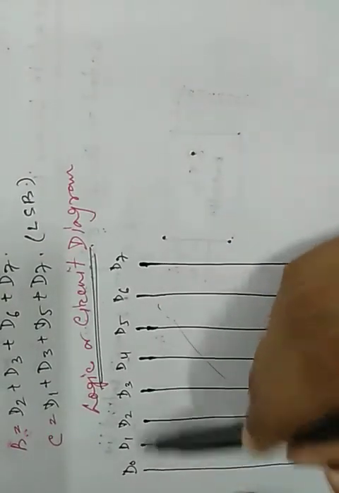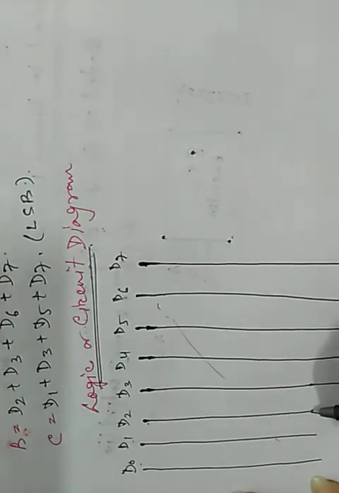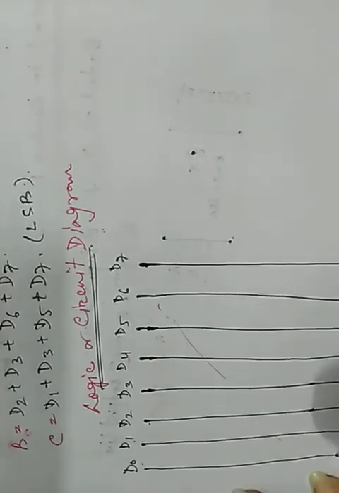Now this is our logic circuit. D0, D1, D2 are the 8 input lines, so I have drawn it this way.